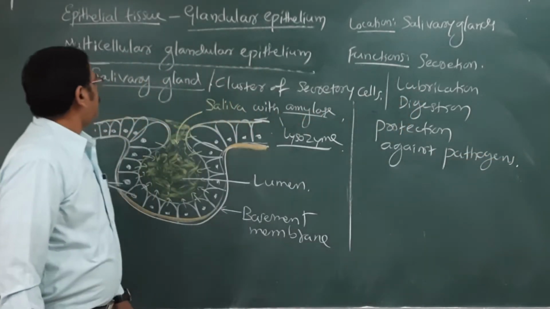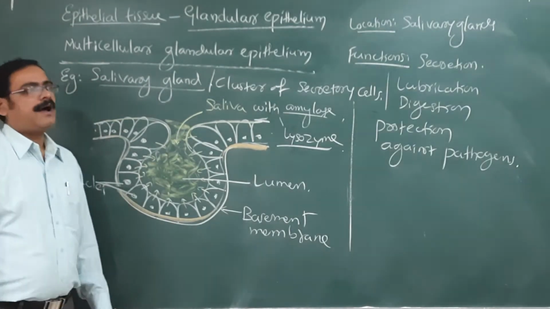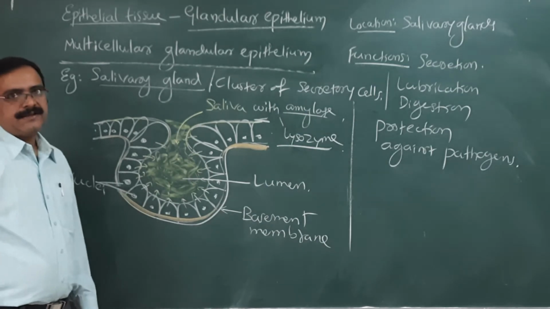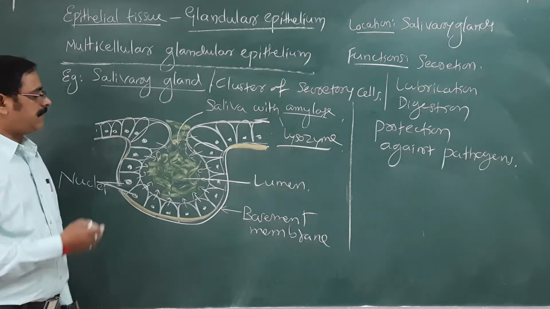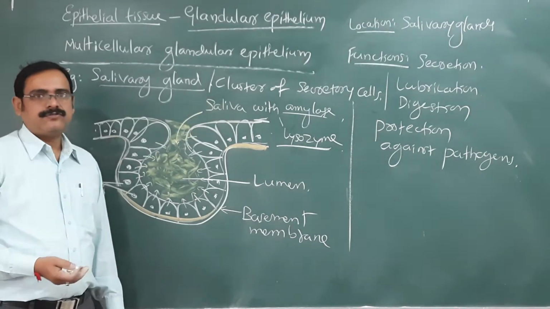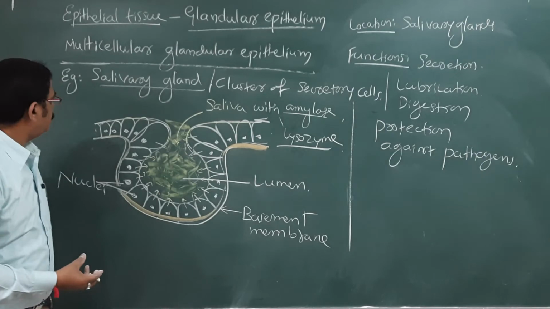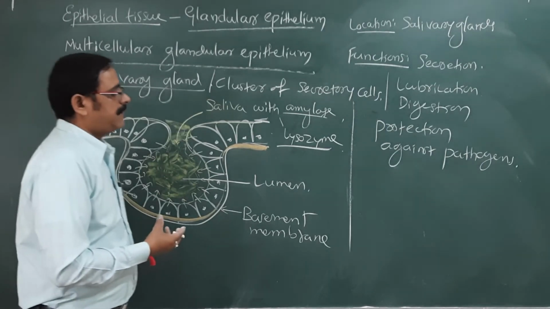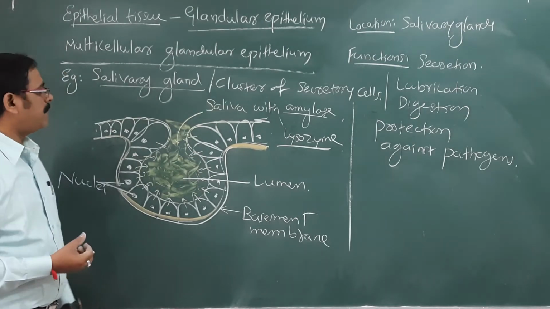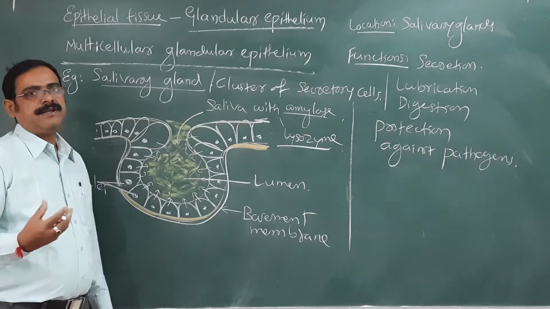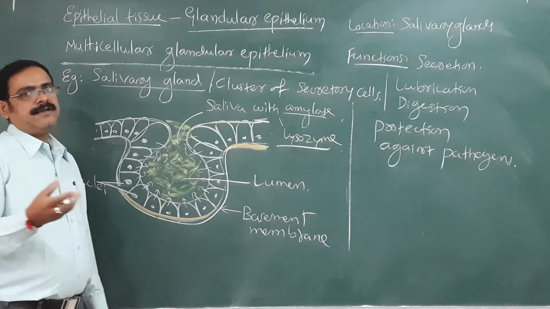So the compound glandular epithelium, not only always in the salivary gland, can be seen even in the mammary gland also. Mammary glands are secreting the milk. So compound epithelium can be seen in the mammary gland, as well as even in a number of other ducts, as well as the pancreas.